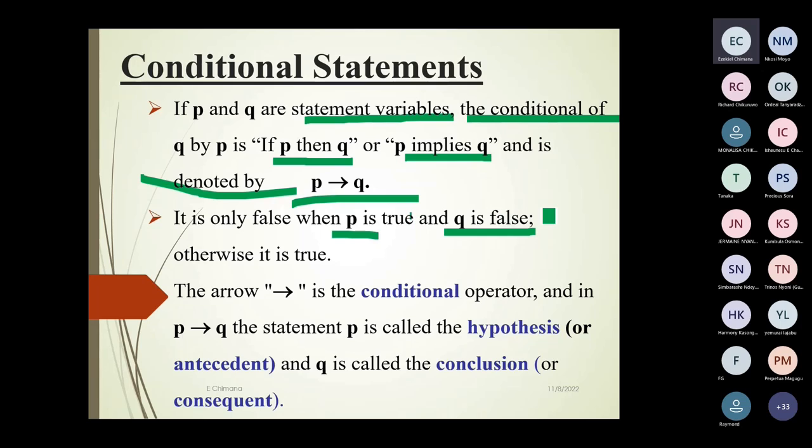So whenever true implies false, it will be false. Otherwise, it's true on the truth table. So the arrow, this one, is the conditional operator. And in P implies Q, the statement P is called the hypothesis, and Q is called the conclusion.